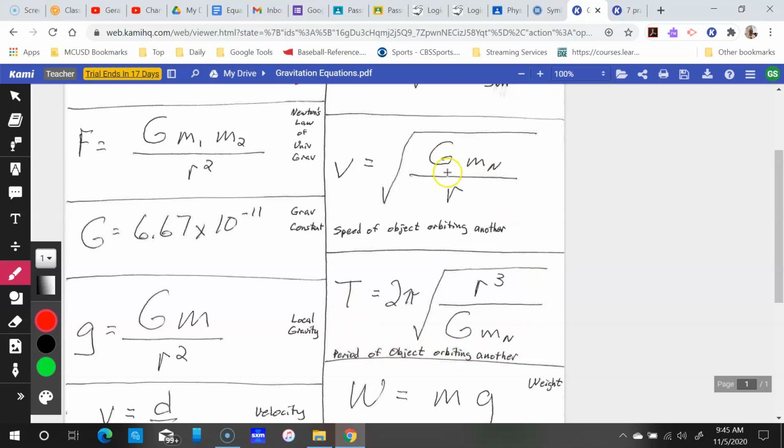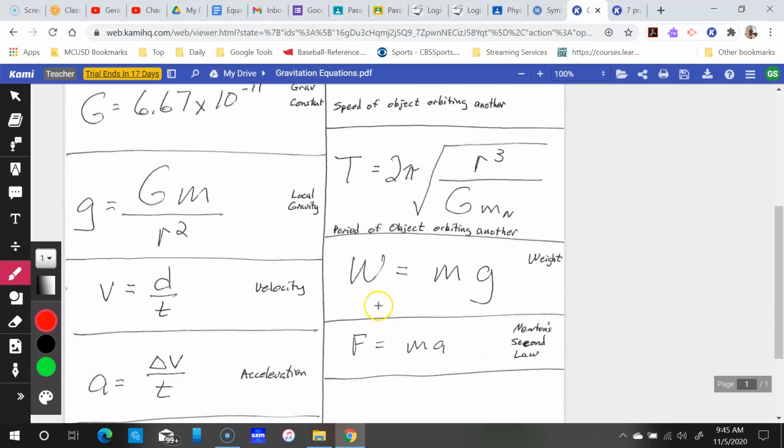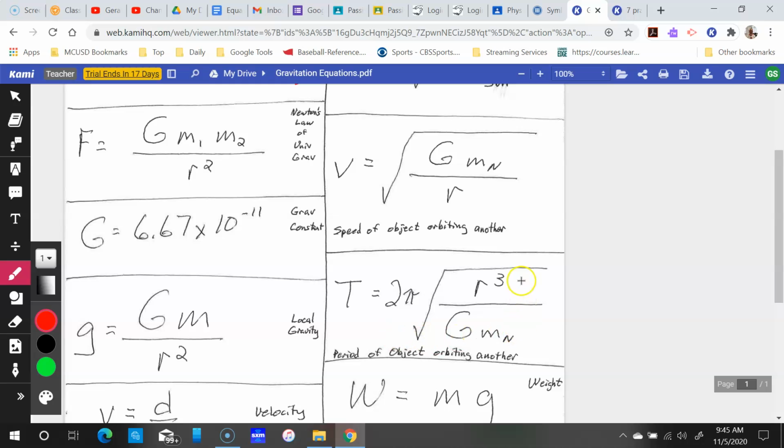So again, some of the problems are looking at a satellite orbiting Earth, so you'd use the mass of the Earth here and the mass of the Earth here to find either the speed of that satellite or the time it takes for it to orbit Earth. Or I know in some of the other problems that looked at, say, moons orbiting Jupiter. And again, a moon is just a type of satellite that orbits a specific planet.